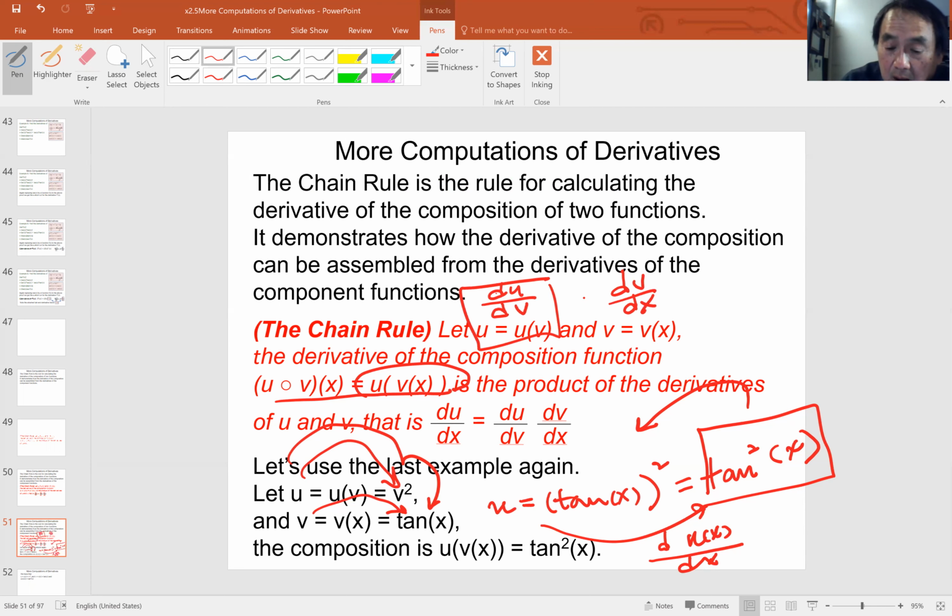They each have their own variables, and then you multiply them together. The front part is a formula in v, and the second part is a formula in terms of x. So the finished product is a formula with mixed letters, and then you have to convert them all into x.